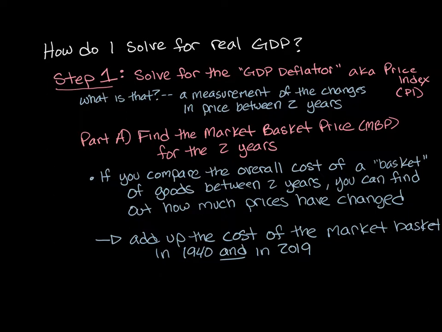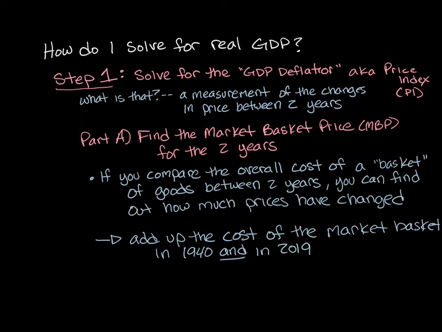The one the kids need to know about for this exam is the consumer products market basket. In it we're going to put most of the products the average household uses in a year. So it's going to have a dozen eggs, a loaf of bread, a gallon of milk. It's going to have rent and the price of a cell phone. It's going to include a car and a whole host of other things.